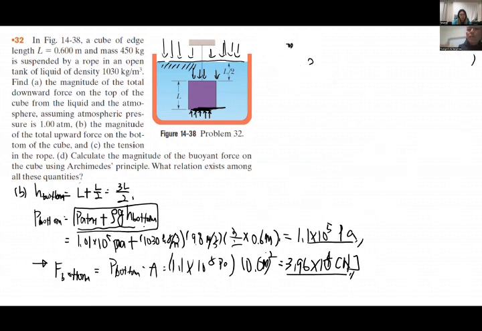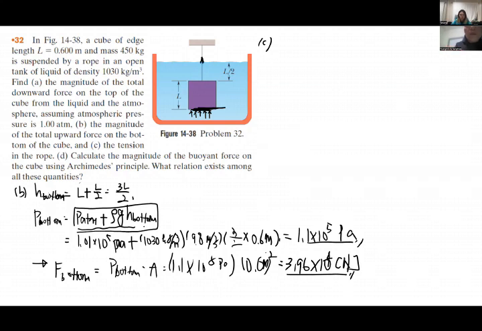Number C. So obviously the tension applied to this rope is upward, right?